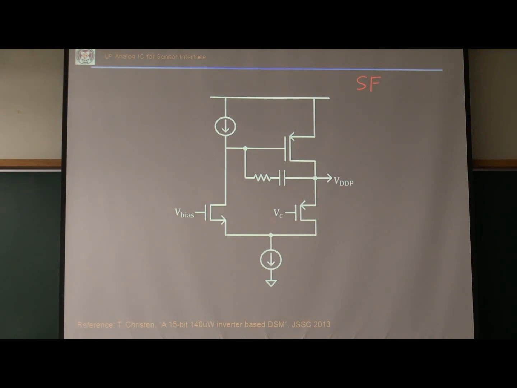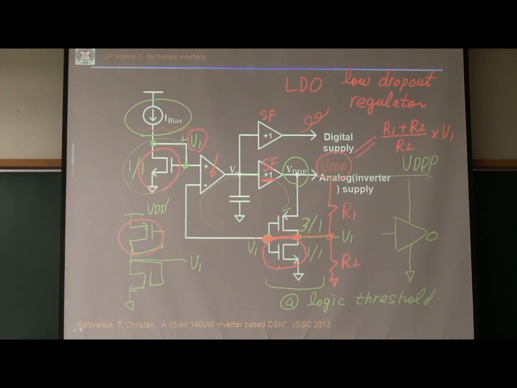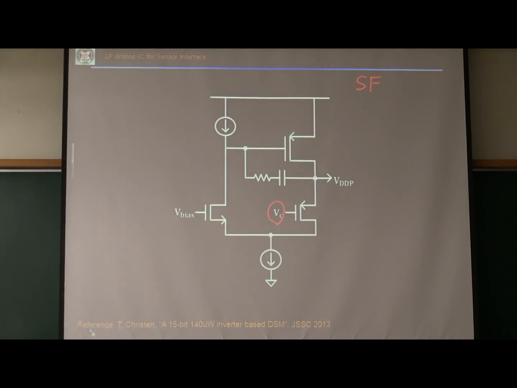This is VC, and this is VDD prime. This is a PMOS source follower. This may be VDD, and this is VDDP. This is called the pass transistor.